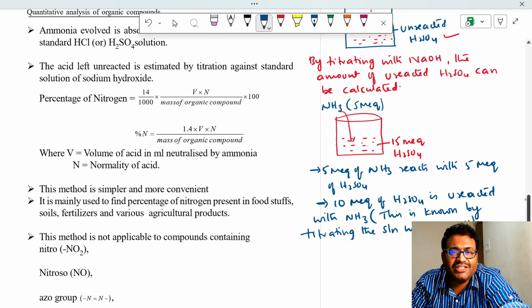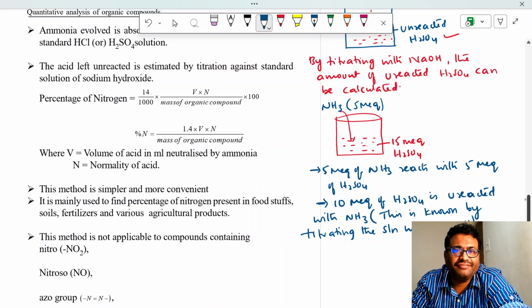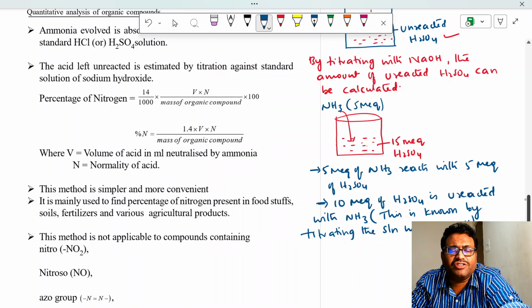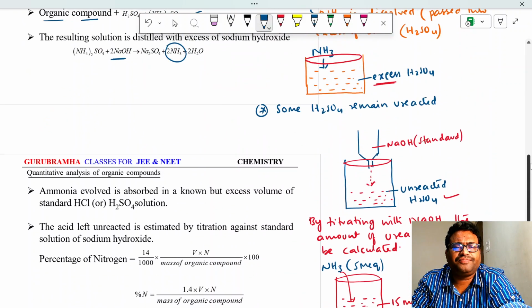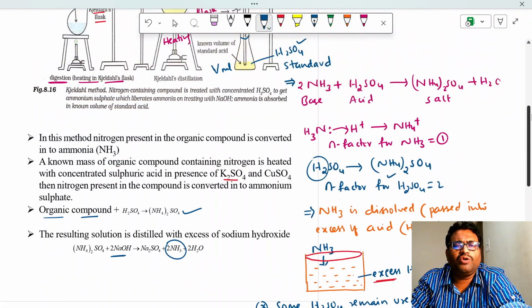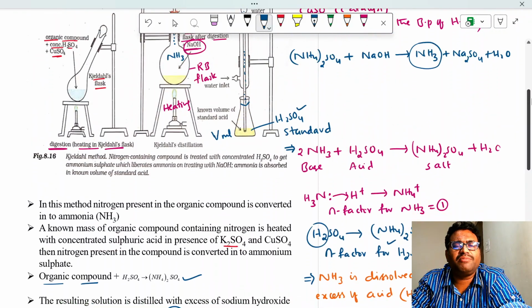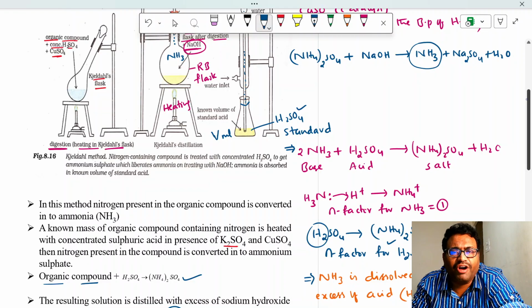Okay, so this is actually called back titration. This procedure is called what? Back titration. While solving the problems, we will see how this procedure continues. So overall, in the Kjeldahl method, what did we find? The nitrogen present in the organic compound is released as ammonia.